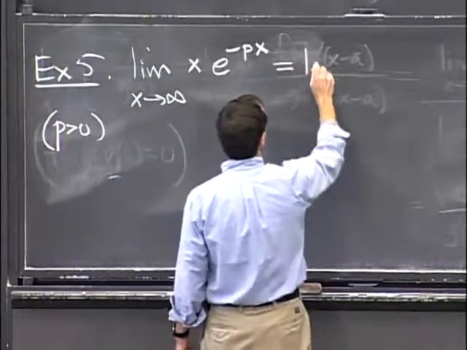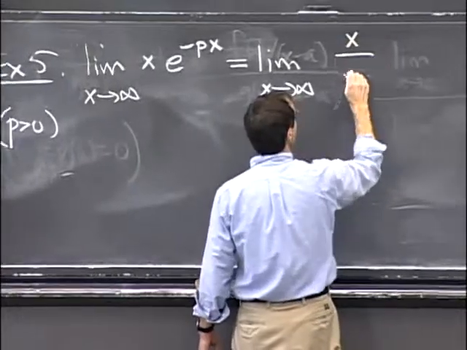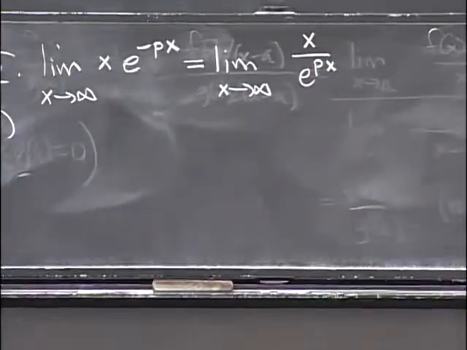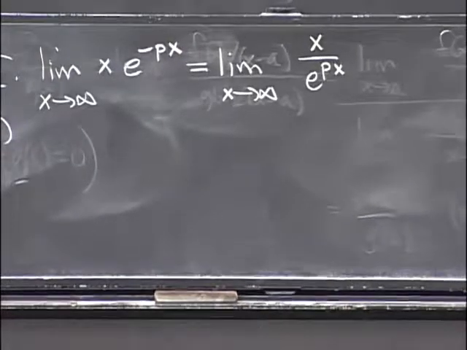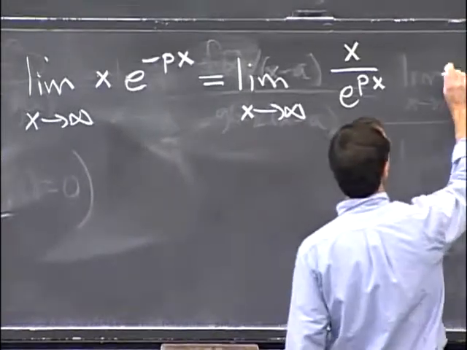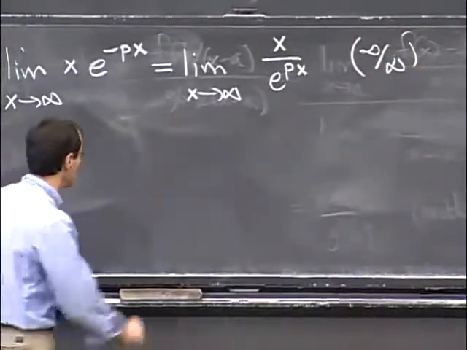And so I need to rewrite it. I'm going to write it as x divided by e to the px. And now it's of this form infinity over infinity, so we're okay with that.